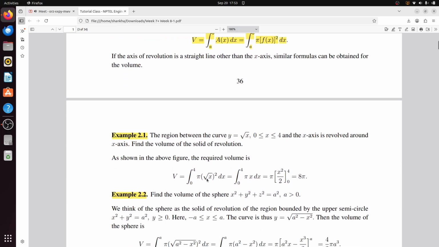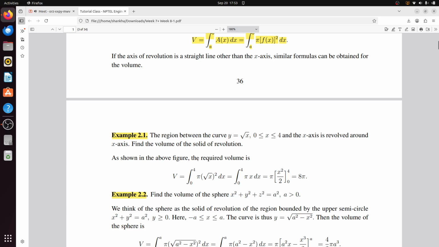Now, the region bounded between the curve y equal to square root of x, 1 less than or equal to x less than or equal to 4, and the x axis is revolved around the x axis. You need to find the volume of the solid of revolution.